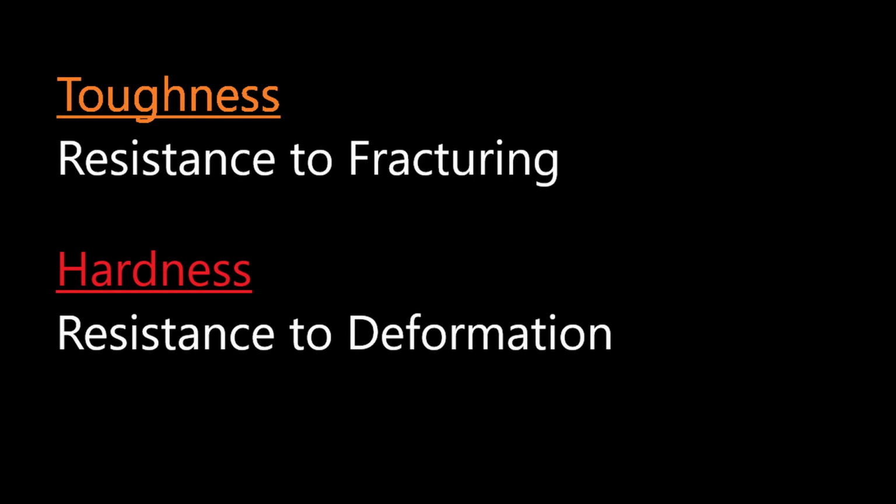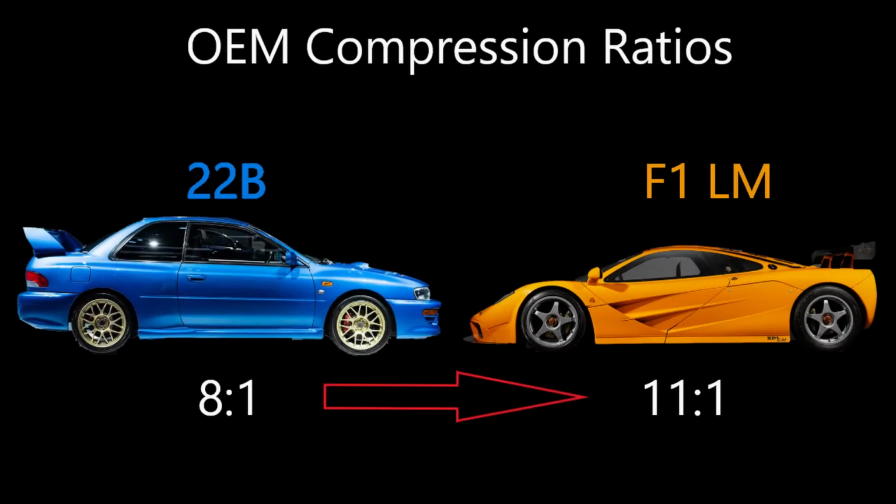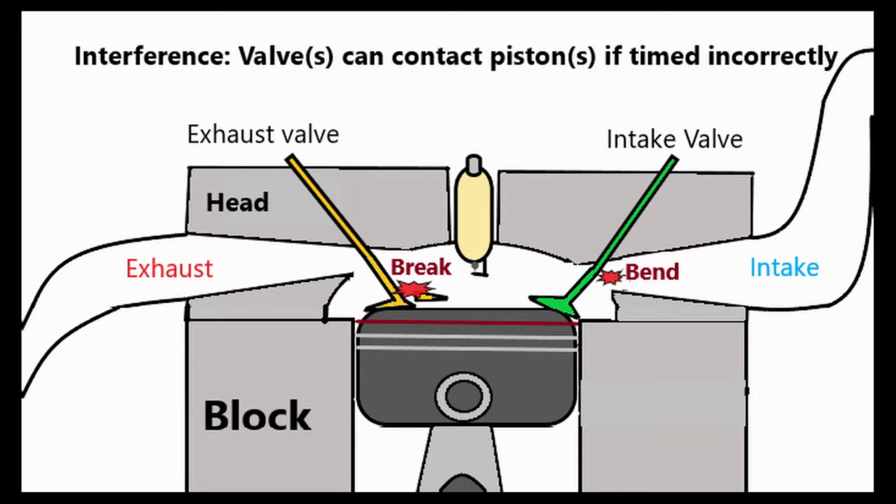So the next question would be, why wouldn't everyone just increase their compression ratio if they're replacing their internals? And the answer is complicated. Like the little answer is because it's complicated. Changing the compression can be complicated depending on the engine design, especially with interference engines.